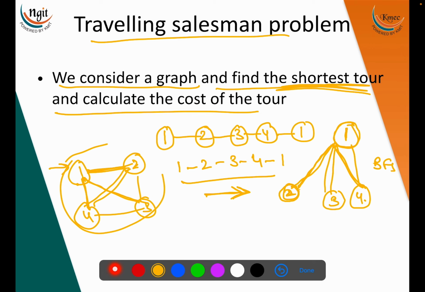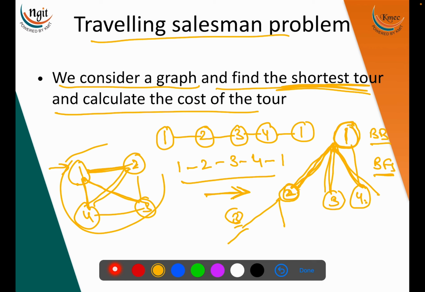If it were backtracking, he would come to 1 to 2, and from 2 he would go on to other vertices, 2 to 3, and then we'd take the other possibilities. As I told you, we're going to implement this problem with branch and bound, and it follows BFS, level order. So he will go like this: 1, and he has these possibilities, 2, 3, 4.